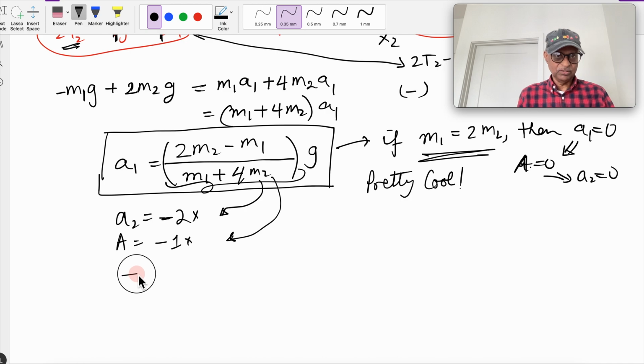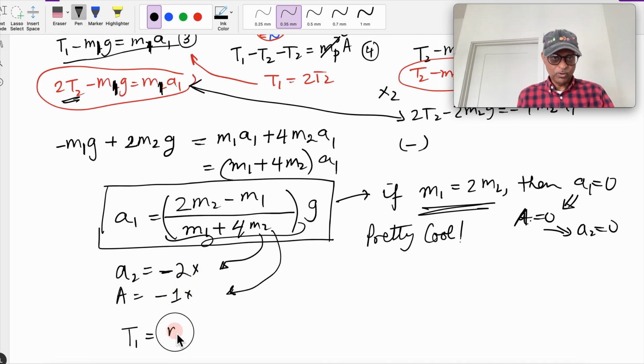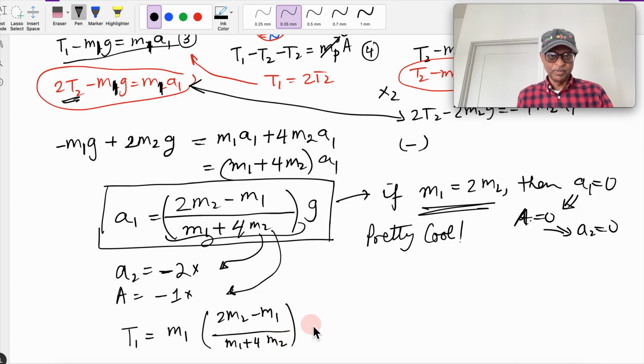So tension T1 is M1 times this stuff, 2M2 minus M1 over M1 plus 4M2, g, plus M1g.